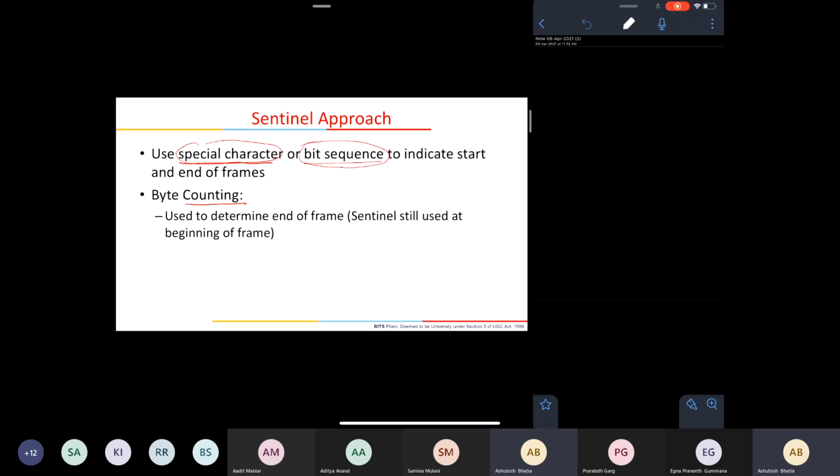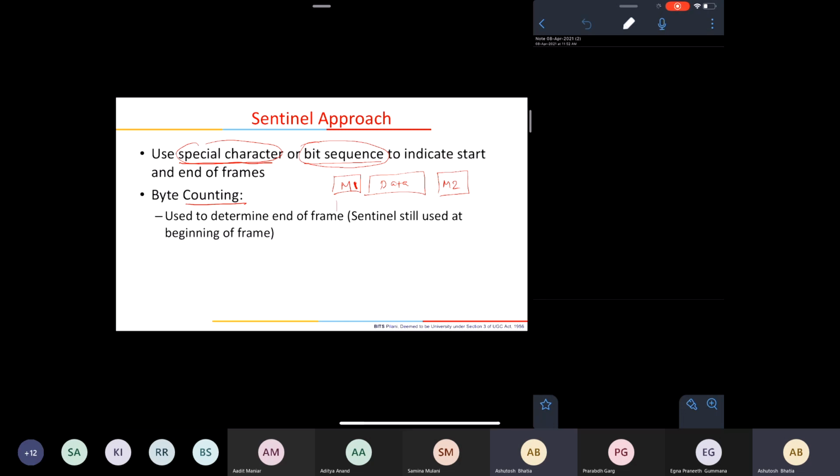Another technique that could be used along with that is byte counting. I can put a special character marker M1 as the start of the data, and M2 as the end of the data. This is one way.